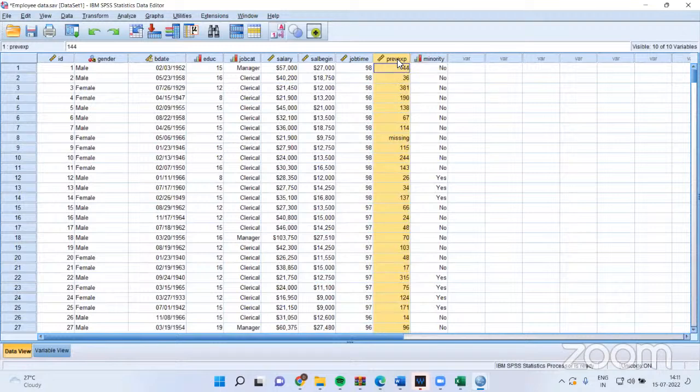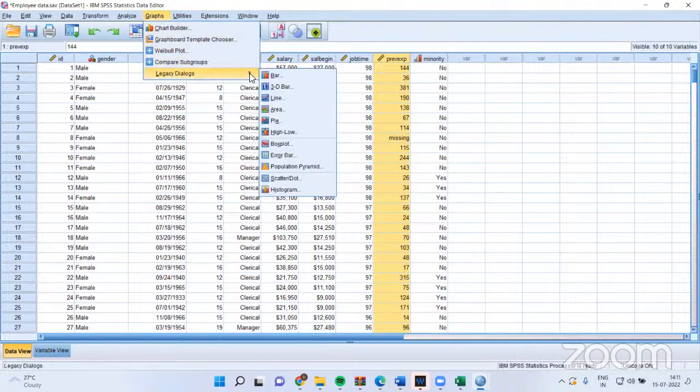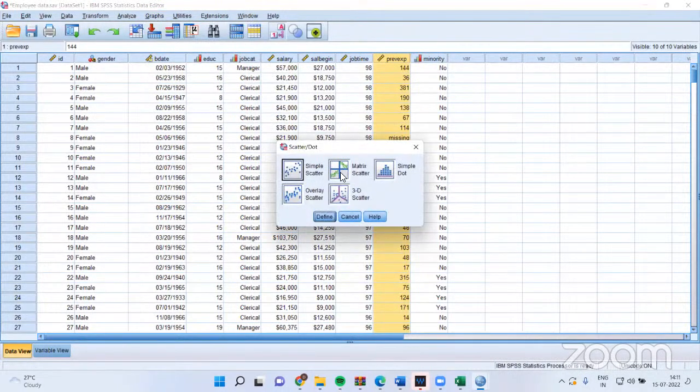Now, if you have many variables in your data set and you want to see if there is any relation among them, the first prima facie step is to run a correlation matrix among all of them. This can be done by graphs, legacy dialogues, scatter plot, and scatter matrix.